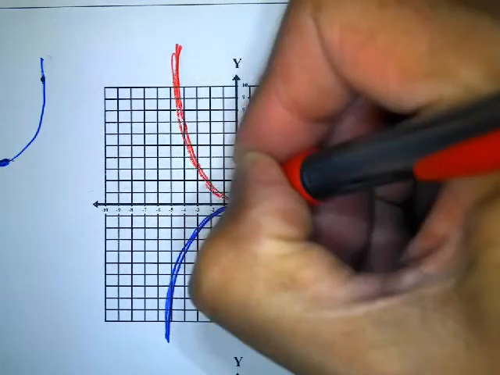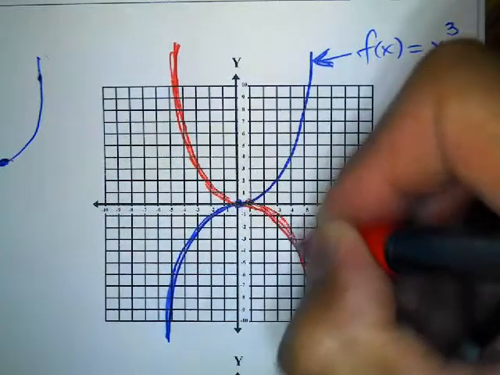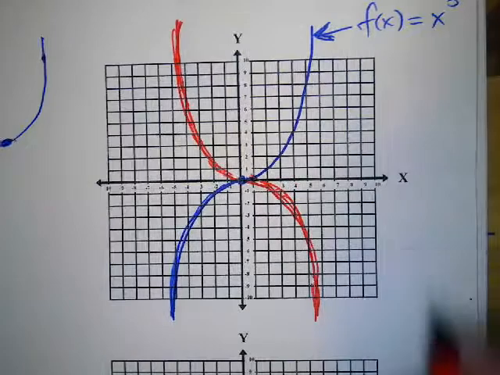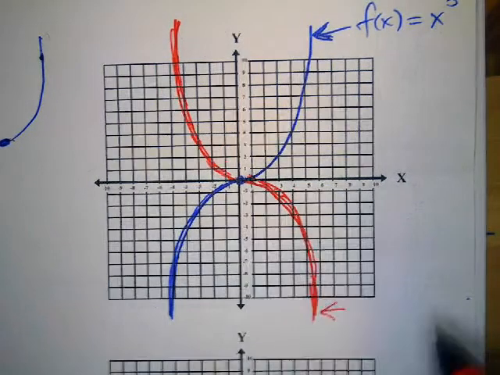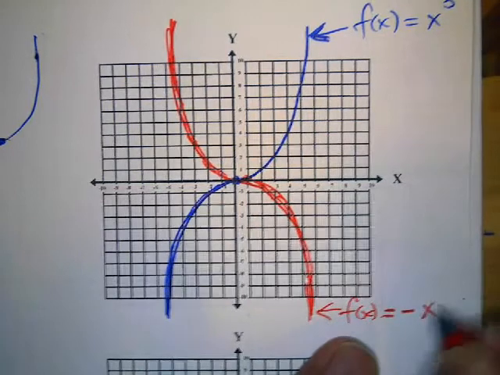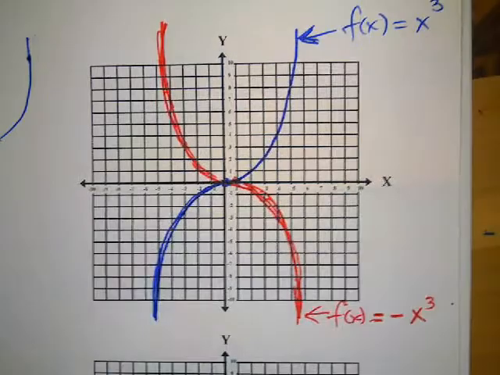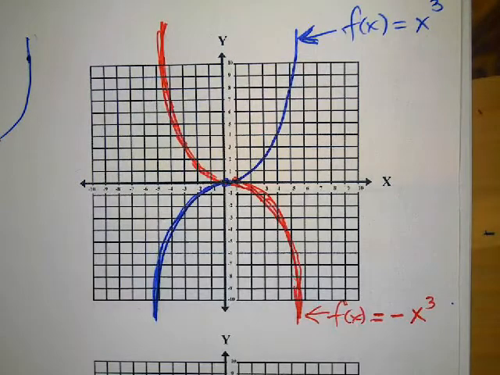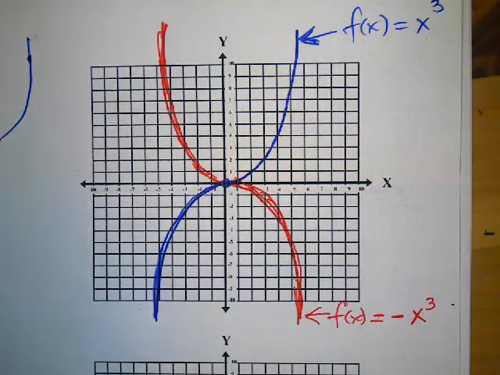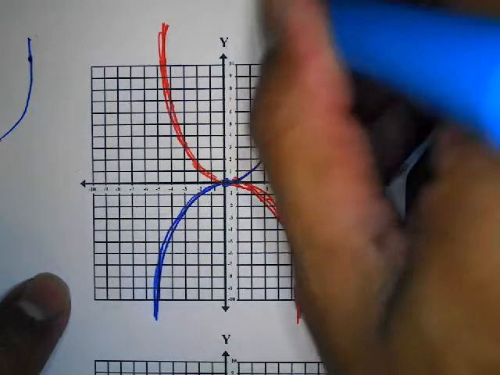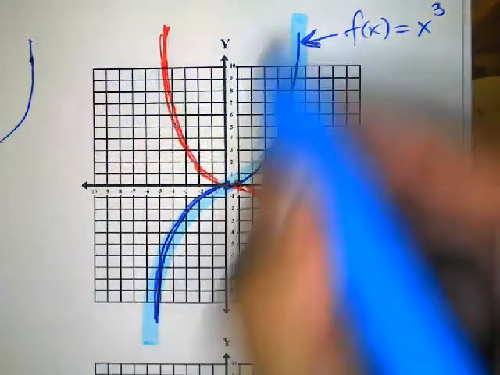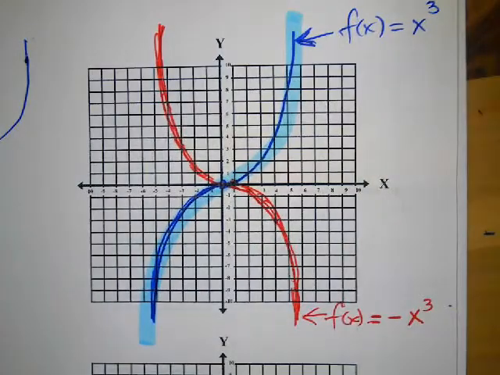This red one here is what? F of x is equal to negative x cubed. But I think we're just going to be graphing the positive ones. But just so that you know, they should just look like this. This is the positive one, like this. Okay? It's like half of a U and half of a U.